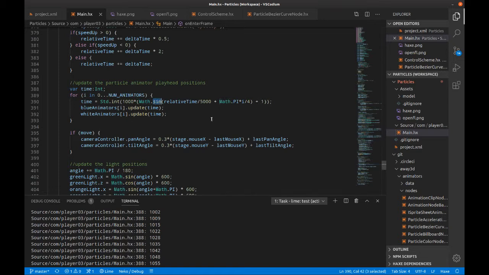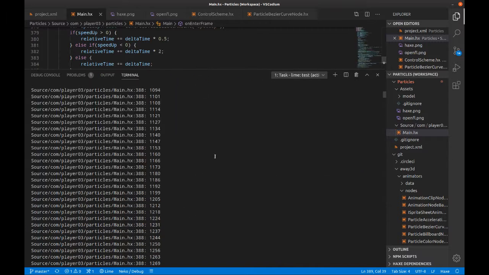Sine normally gives you values between -1 and 1. Add 1 to that, and it's values between 0 and 2. Values between 0 and 2 multiplied by 1,000 get you values between 0 and 2,000, which is, in fact, what we saw. It counts up to 2,000, slows down very much when it gets near it, which is what the sine function does.